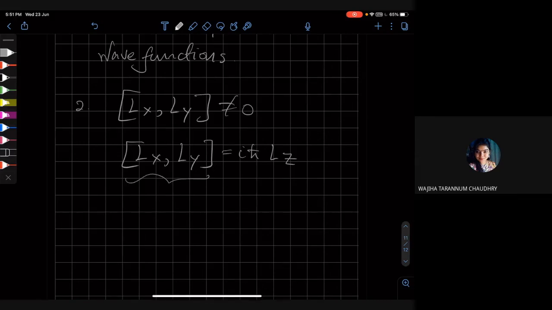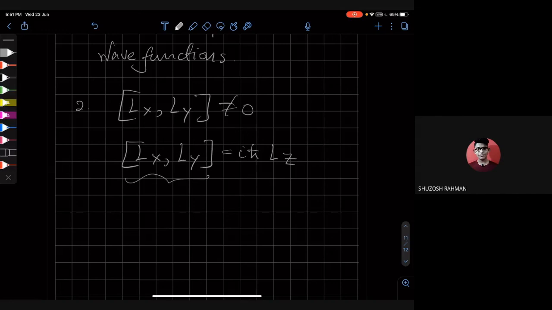Can we do it with arbitrary precision? We can't simultaneously measure them. Because we saw that if two operators do not commute, then the generalized Heisenberg uncertainty relationship tells us that we cannot simultaneously measure them with arbitrary accuracy.